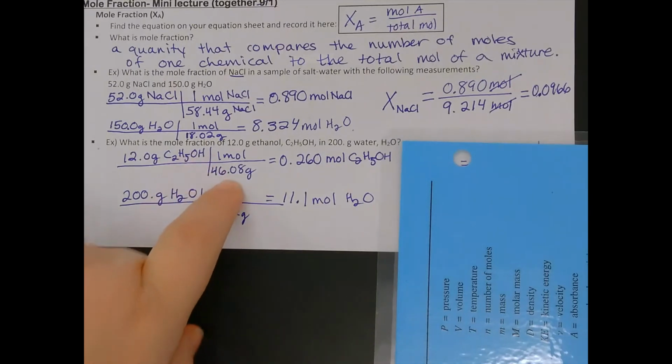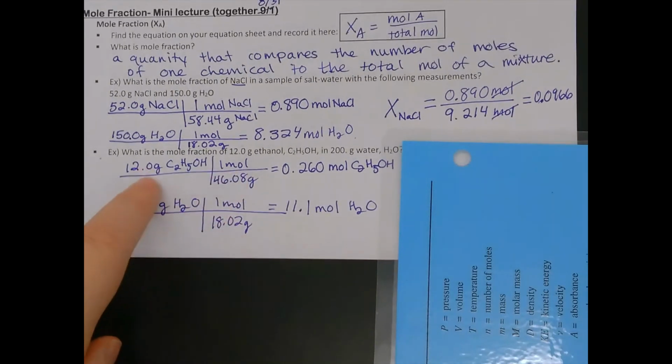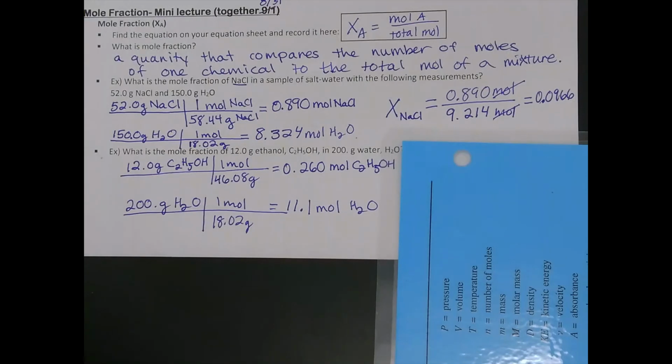Did you get 46.08 for your mass? Maybe you divide. What did you get? Did you get like 4 points? I think you divided the wrong way. You did 48 divided by 12. Oh, yeah. There you go. I can always find a mistake.